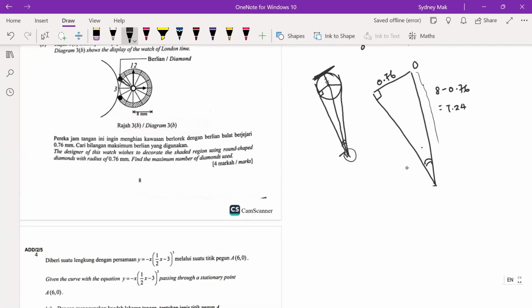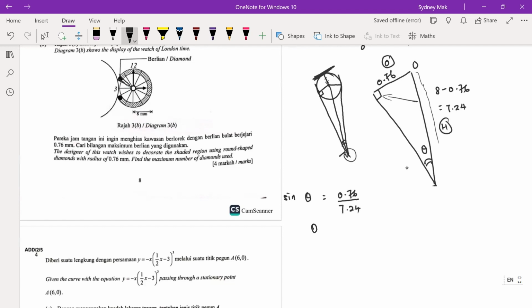Let's call this theta. Theta, if we use sine, because to this angle we have the opposite length, and the hypotenuse is the side that is always opposite the 90 degrees. So we use the sine function, because according to SOH CAH TOA, opposite and hypotenuse involve sine. Sine theta is the ratio of opposite divided by hypotenuse.